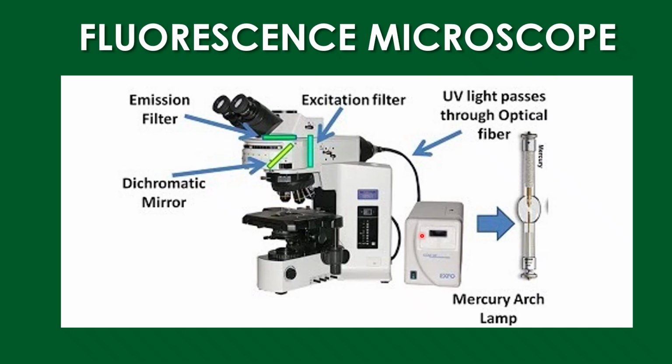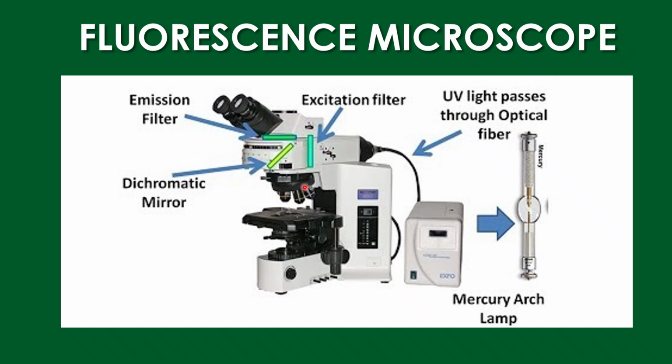And here, this is the mercury arc lamp light source. From this wire, the UV light passes through the optic fiber. And this part is the exciter filter or excitation filter. The fourth one is the normal objective lens.